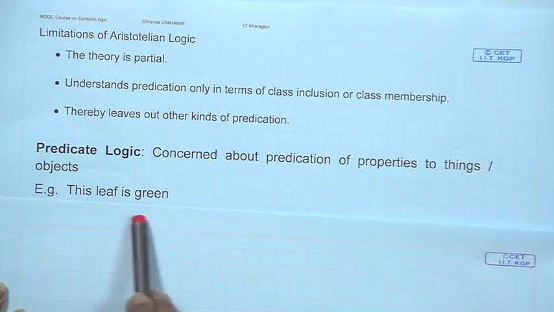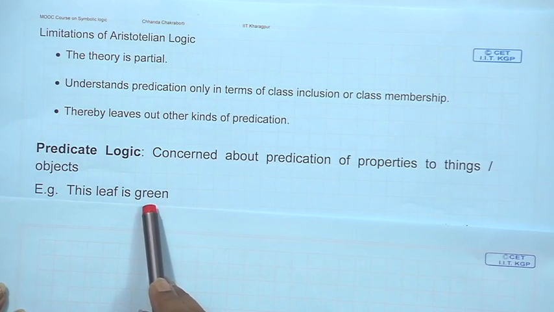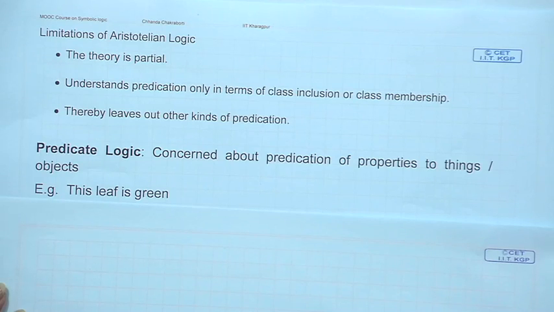For example, take a look at this. This leaf is green. This is the object which has the property of green, but first order predicate logic will tell you this object need not be seen as a class. It is an individual leaf, a very particular leaf, just like this pen is a very individual and unique object. It is a particular object.